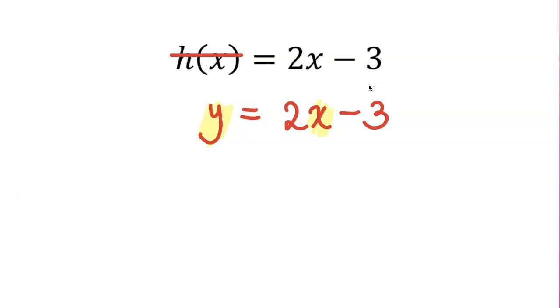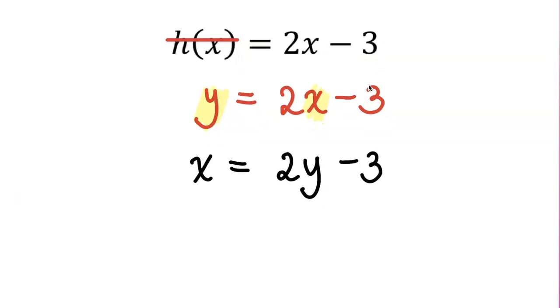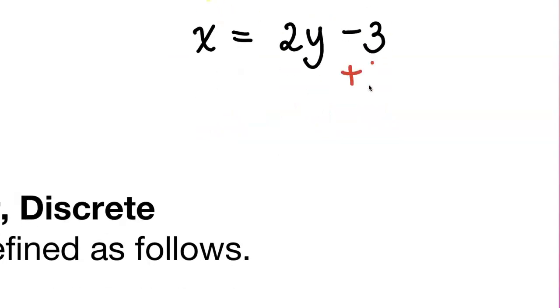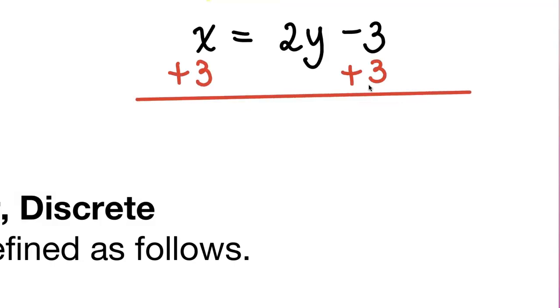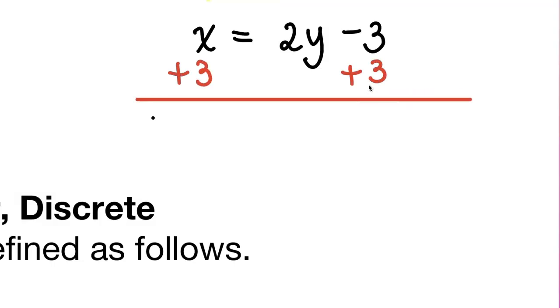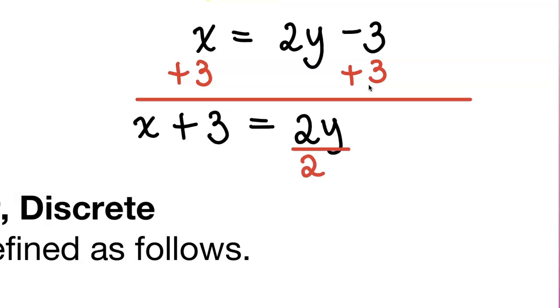So you're going to write x equals 2y minus 3. And we're now going to solve this for y. So what's the first thing you're going to do to both sides? Add 3 to both sides. You will get x plus 3 equals 2y. What's the last step? If you want y by itself, divide both sides by 2.